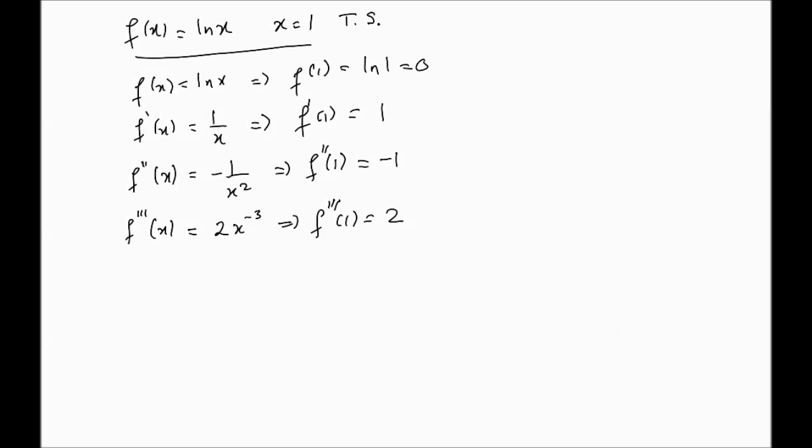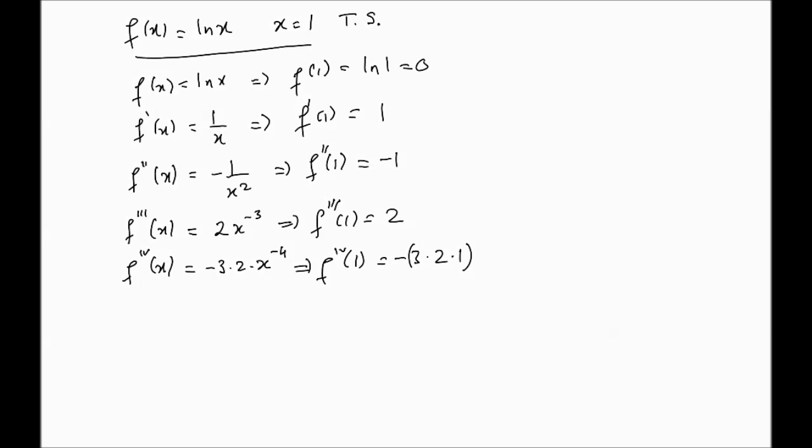Next one is the fourth derivative, and we need to keep going till we can actually see a pattern emerging. So I'm going to write that down as minus 3 times 2 times x to the minus 4. Okay, so this implies that the fourth derivative at 1 is minus 3 times 2 times 1, for instance. And I'm going to put that in a bracket and leave the negative sign outside.